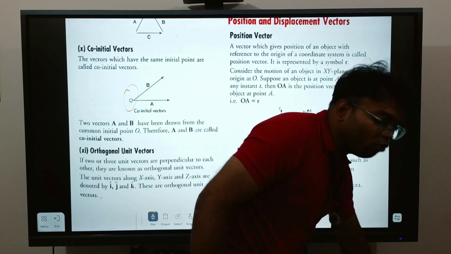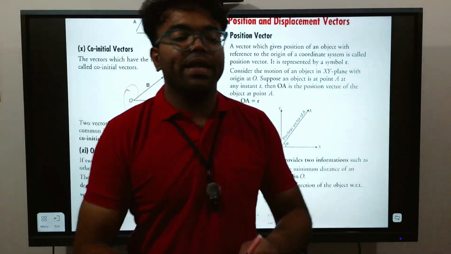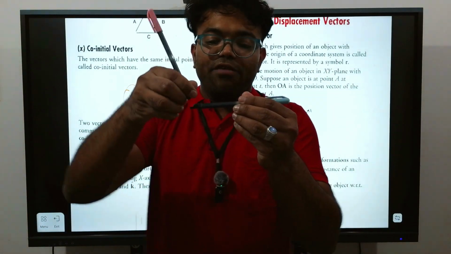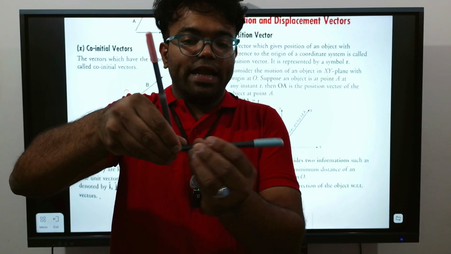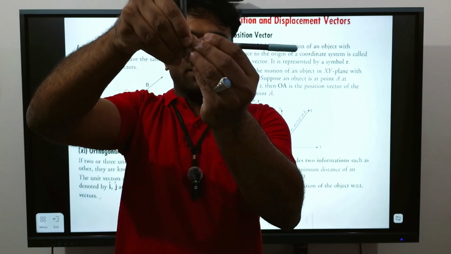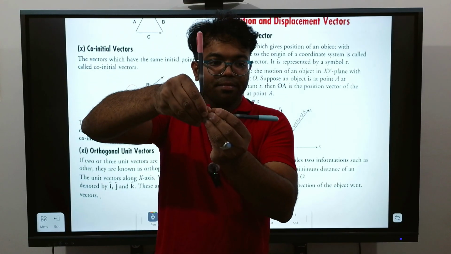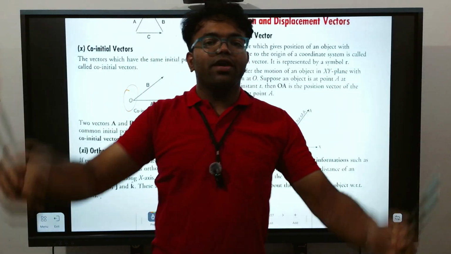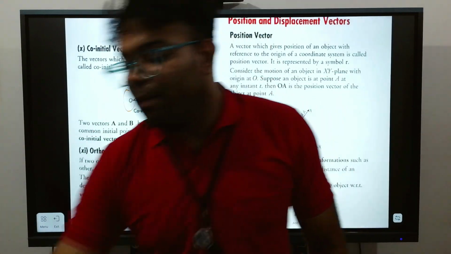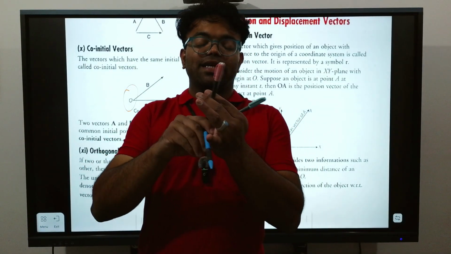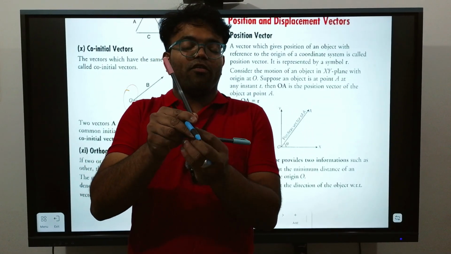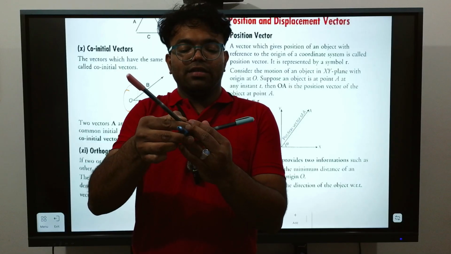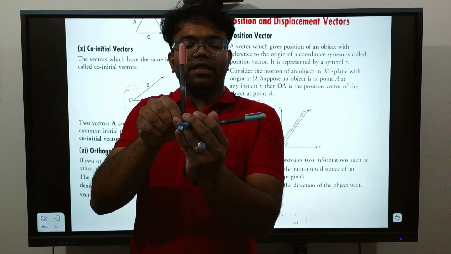If you have two vectors that are perpendicular to each other, if two vectors are 90 degrees to each other, can you see this? We call them orthogonal vectors. Multiple vectors can exist at 90 degrees. For example, you have this vector, and this vector.